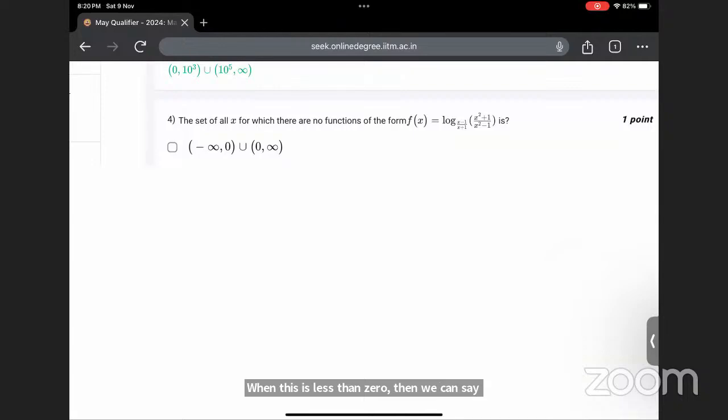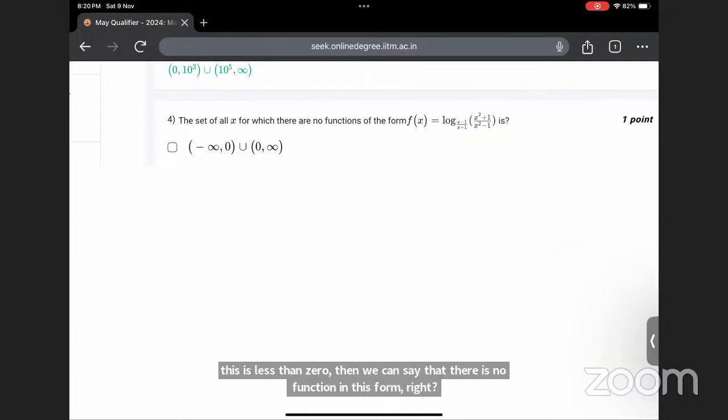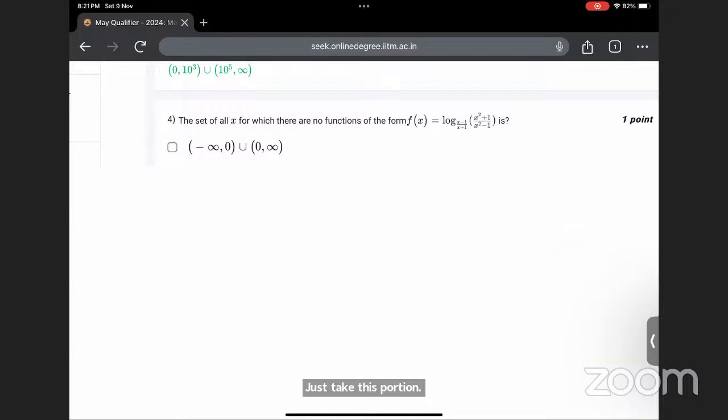So I'm giving you a hint: just take this portion, x square plus 1 by x square minus 1, as less than 0, then solve it in a similar manner. Then you will get some values of x.